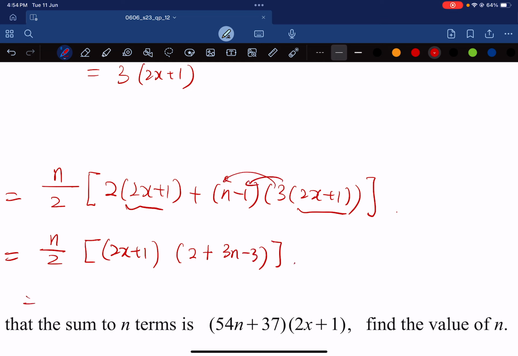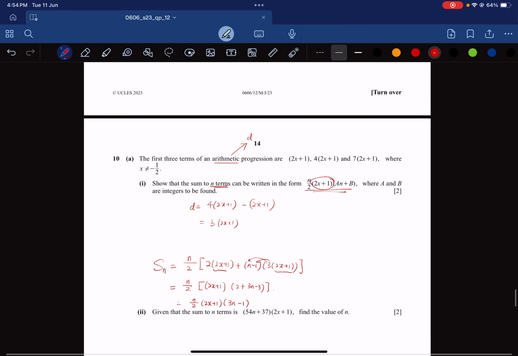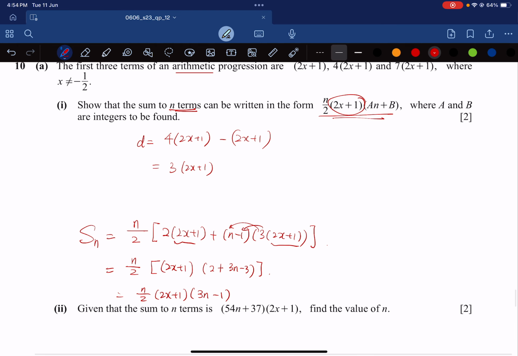Okay, and we have n over 2, 2x plus 1, 3n minus 1. So yeah, a is 3, b is negative 1.